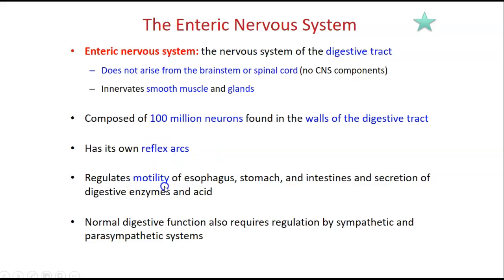It regulates motility of the esophagus, stomach, and intestines, and the secretion of digestive enzymes and acid. Therefore, the digestive system requires regulation by the sympathetic, parasympathetic, and enteric nervous systems. So three nerve systems are regulating our digestive system.